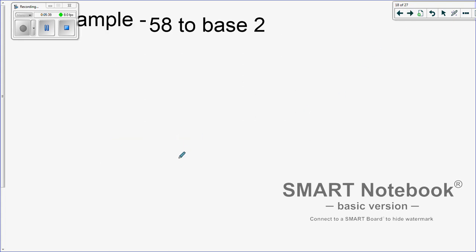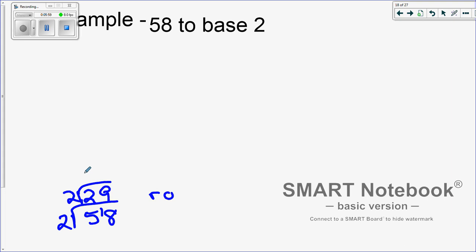Okay, so now let's try one into base 2. So now I've got 58, and I'm going to try it in base 2. Since the base is 2, I want to divide by 2. So 2 goes into 58 29 times with a remainder of 0.